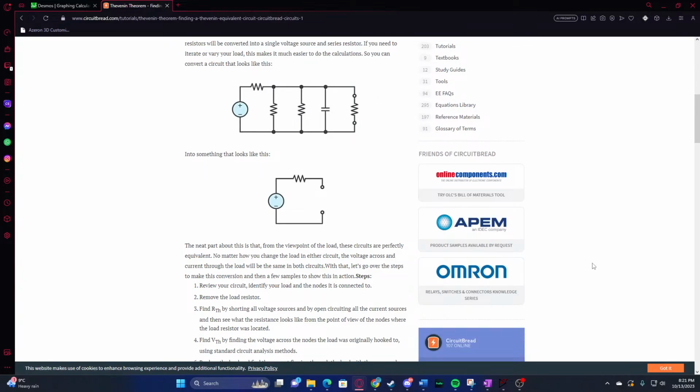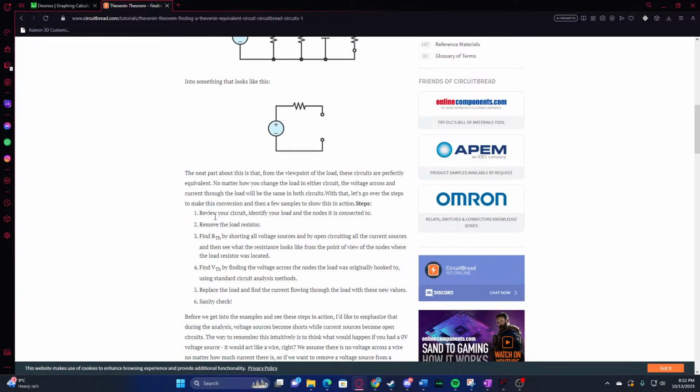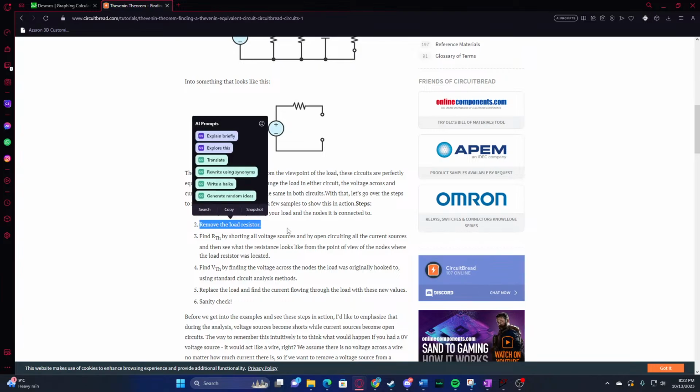So they say, review your circuit, identify your load and the nodes it is connected to, and then you remove the load resistor. Now see, that's an interesting thing.